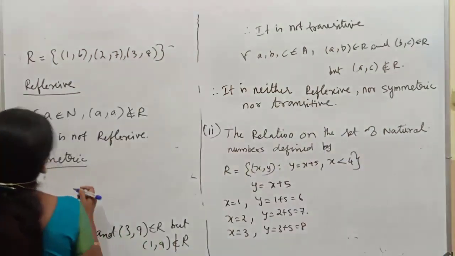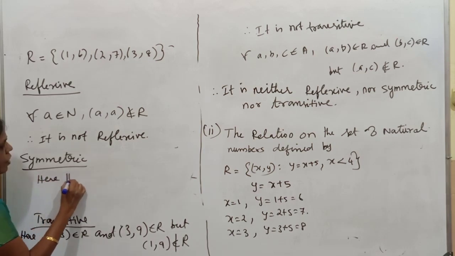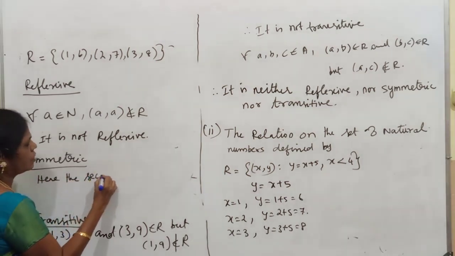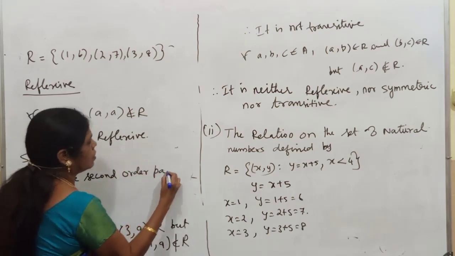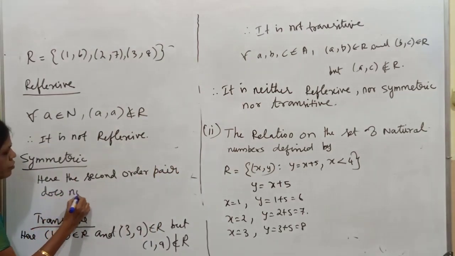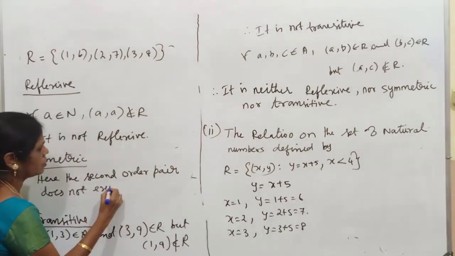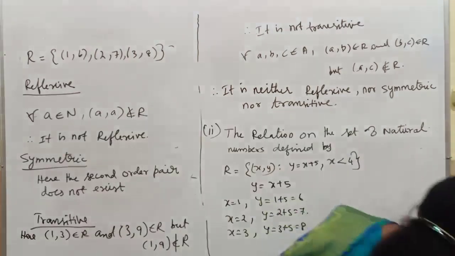Now listen. Here the second ordered pair does not exist. Therefore, it is transitive.